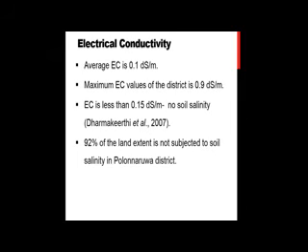The maximum EC value for the district is 0.9, and when the EC is less than 0.15, there is no soil salinity. Therefore, 92% of the land extent is not subjected to soil salinity in this district.